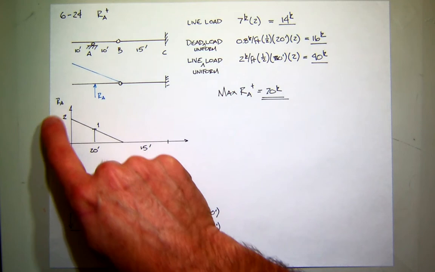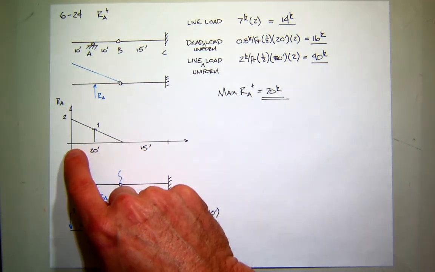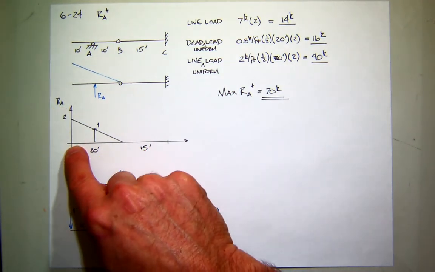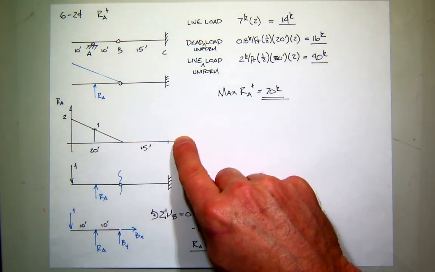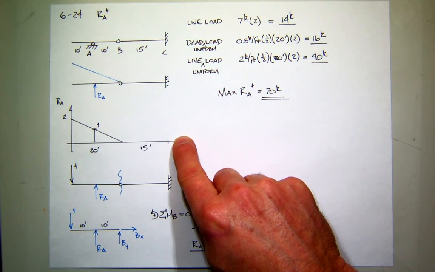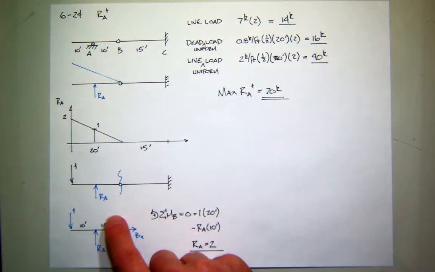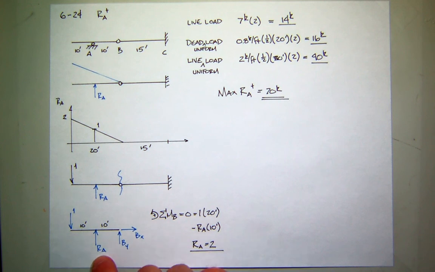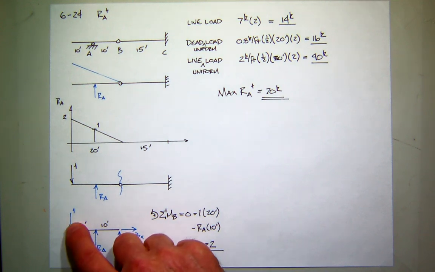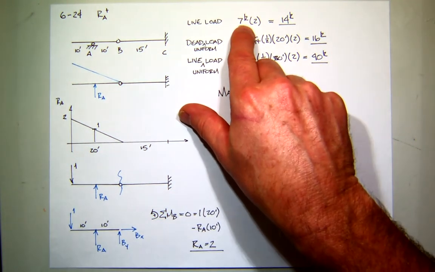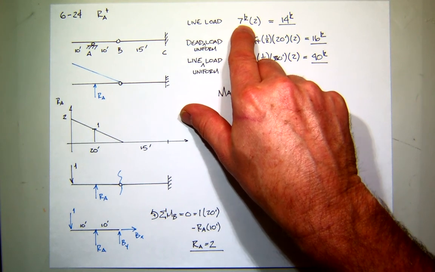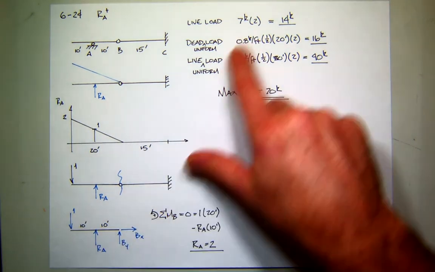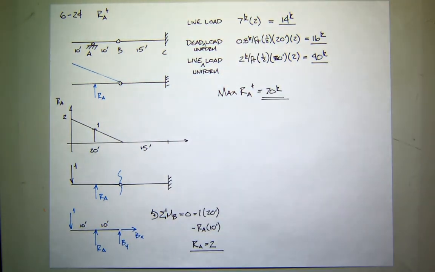And this is the reaction at A as that unit load starts here at 0 and moves all the way to the end of the beam. So where's the biggest value? Well, right here. This is the actual one we solved. So when the unit load is here, it creates the largest reaction of 2. Well, our unit load is not a unit load anymore. It is 7 kips. So you multiply 7 kips times that value, 7 times 2, you get 14. I just got it.